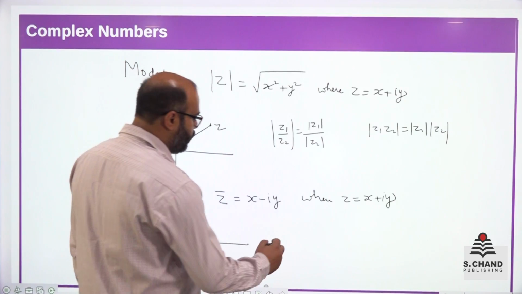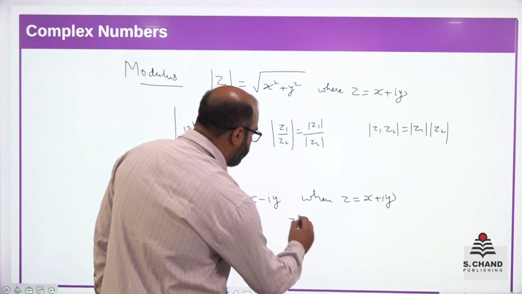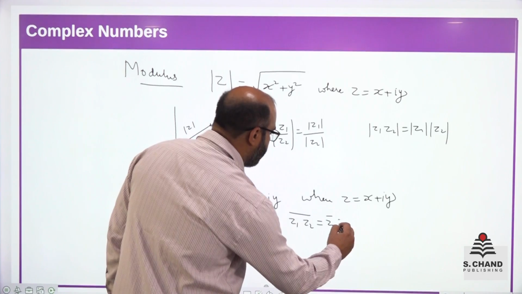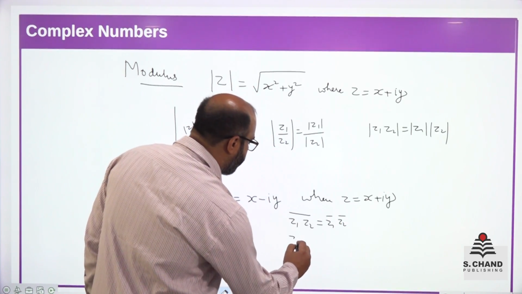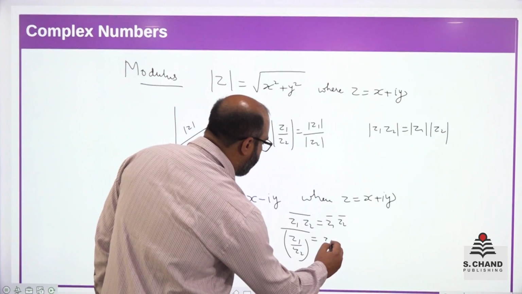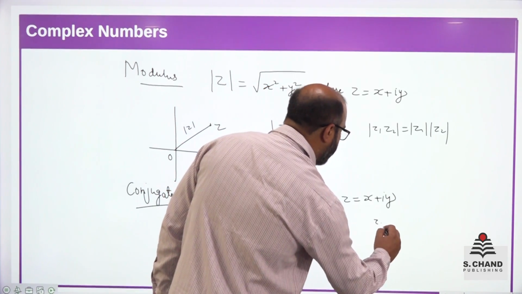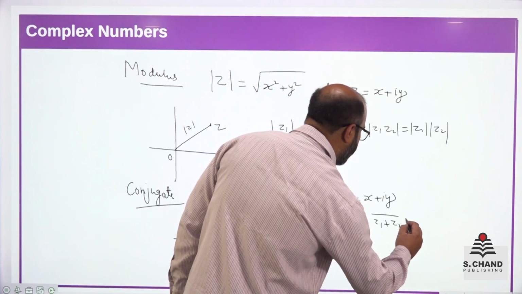So what are the properties? Conjugate of z1 into z2 is z1 conjugate into z2 conjugate. Conjugate of z1 upon z2 is equal to z1 conjugate upon z2 conjugate. Here addition and subtraction also follows the law of splitting.